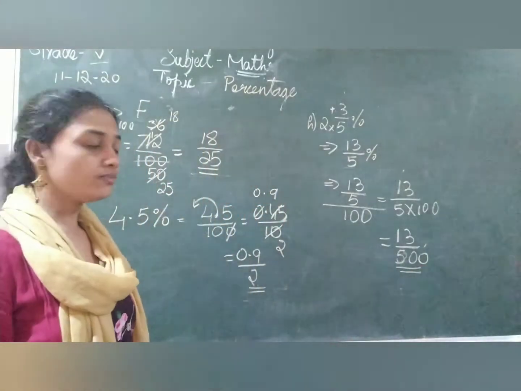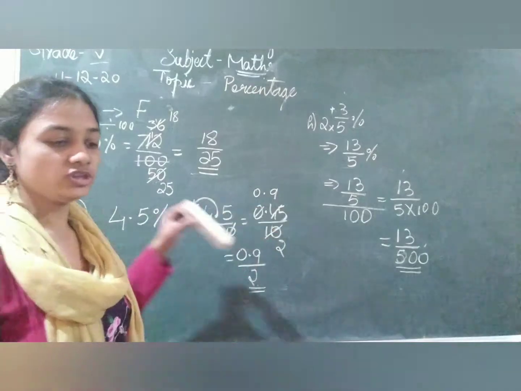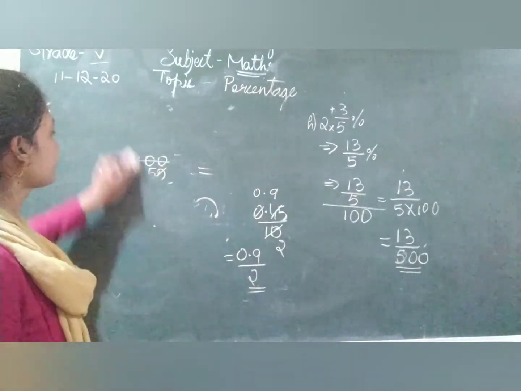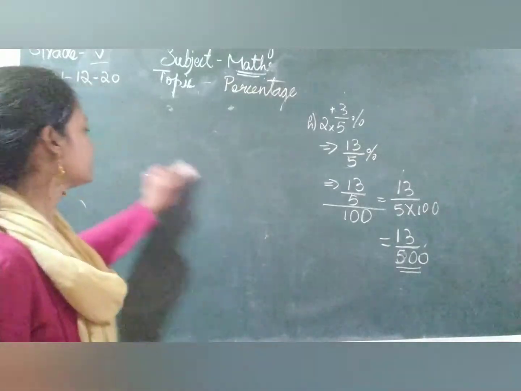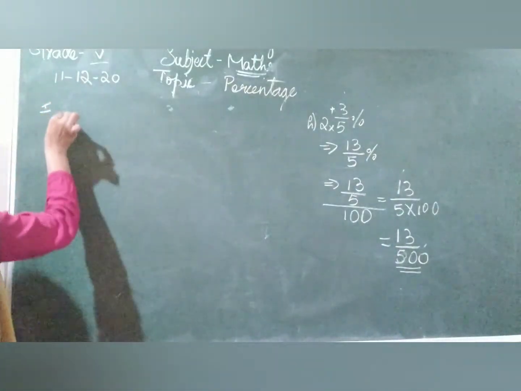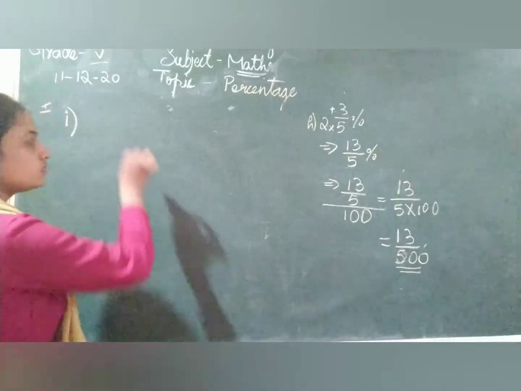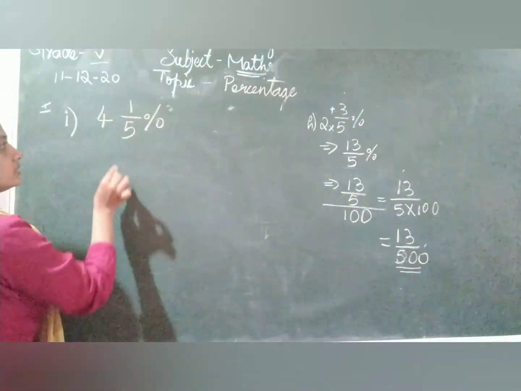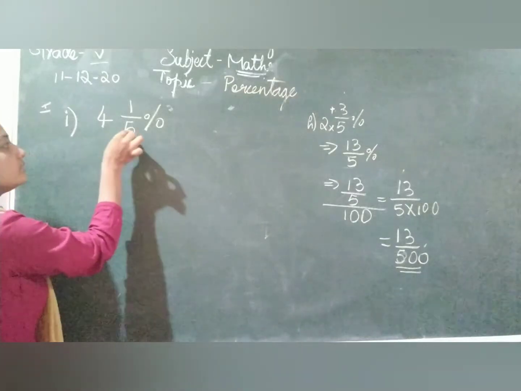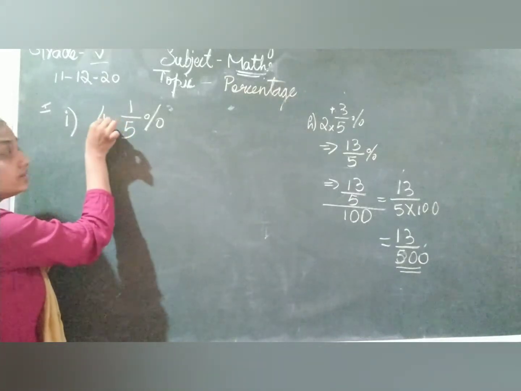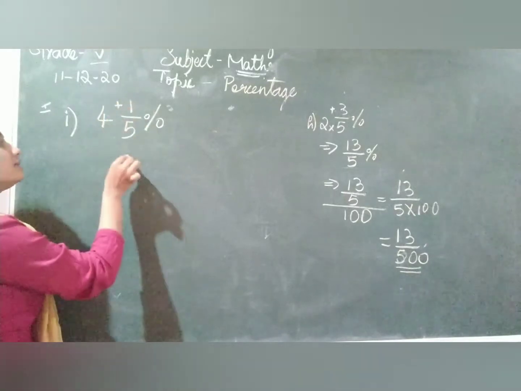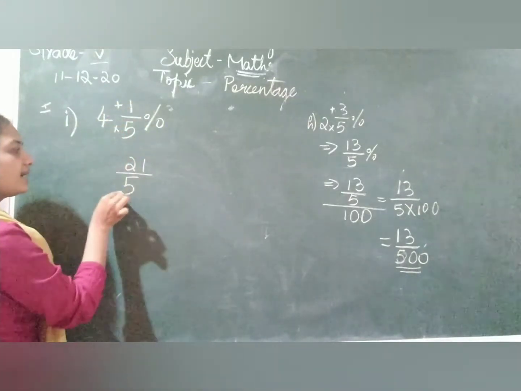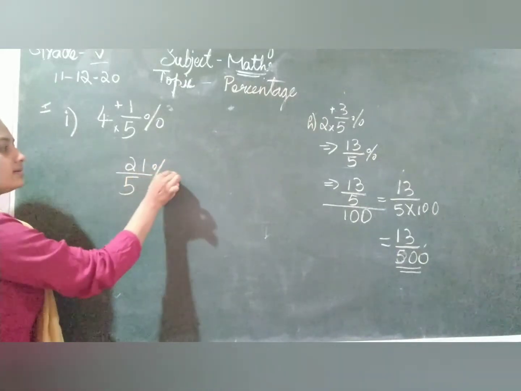So I show you one more sum like mixed fraction. 4 1 by 5%. So first convert into improper. 4 fives are 20. 20 plus 1, 21. 21 by 5%.